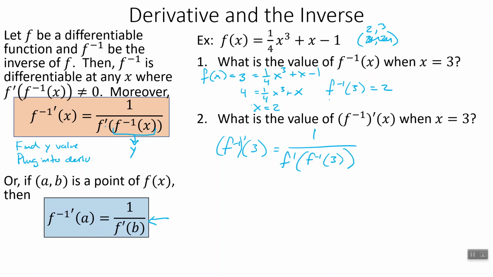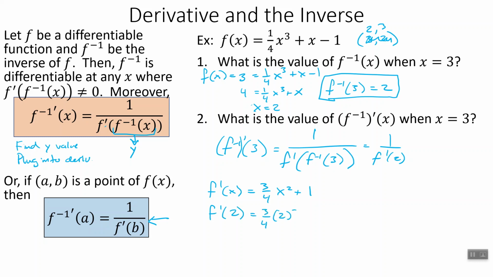All right, well, the inverse value of 3 is 2. So that means we're getting 1 over f prime of 2. So we just need to take the derivative at 2. So we take the derivative, we get 3/4 x squared plus 1. And we plug in 2.